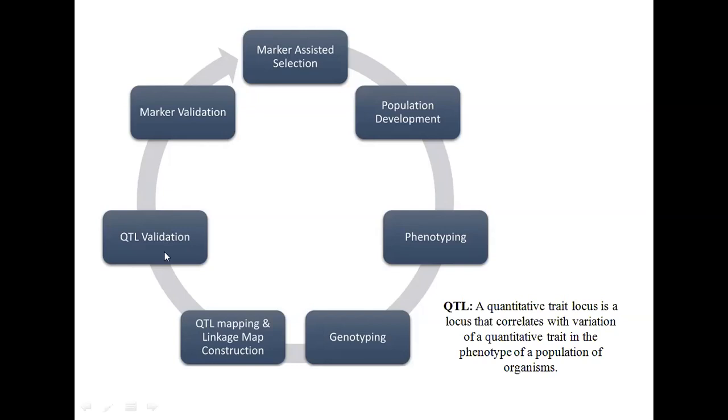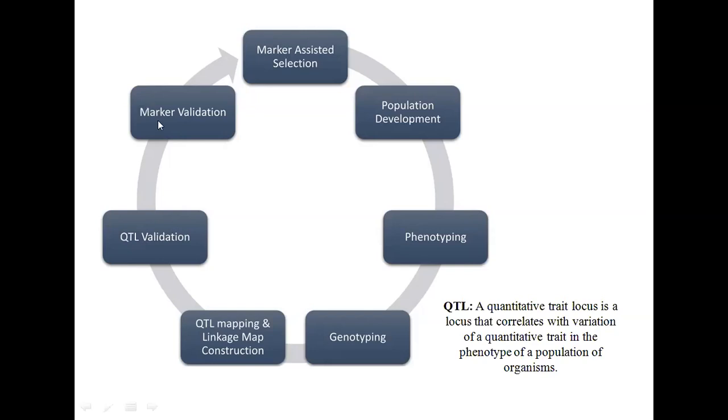Then QTL validation. Validation means you are selecting which one is the best. Once QTL validation is done, you have already chosen the variety that is good in terms of production, then you go for marker validation.